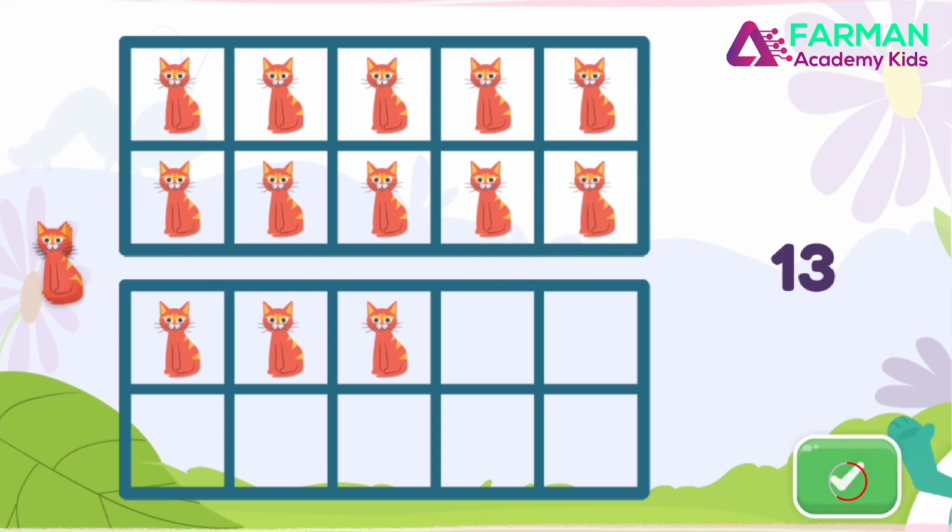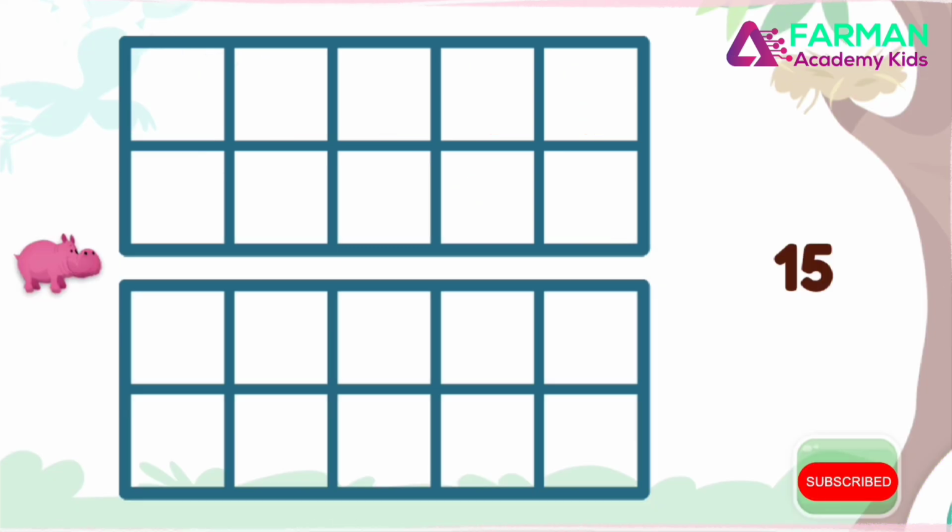Great! There are 13. One 10 frame is filled, which makes 10. There are 3 in the other. Use the 10 frames to show 15.